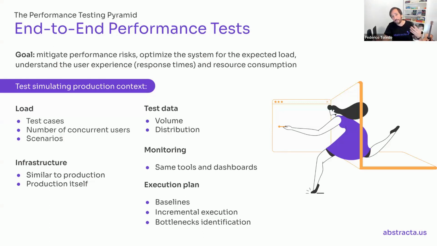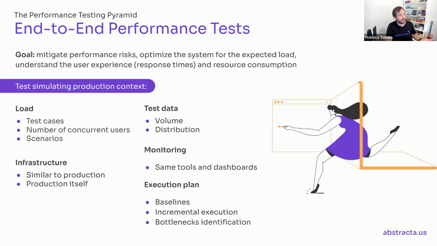The infrastructure should be similar to production because it's difficult to compare things that are different. You cannot correlate what's happening in an environment which is different from the one that your users are going to be using. So that's why in many cases people tend to use the production environment for this type of test.